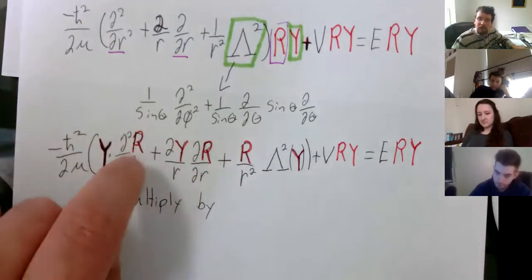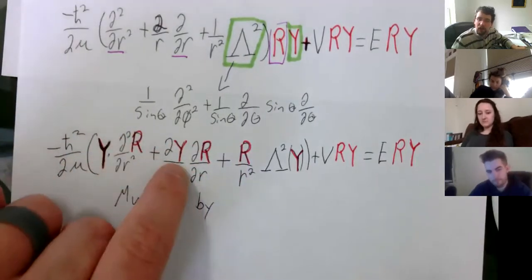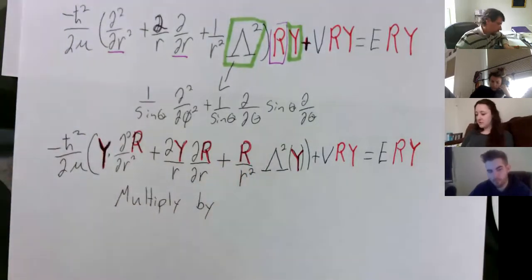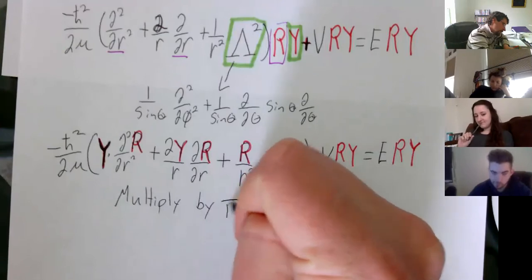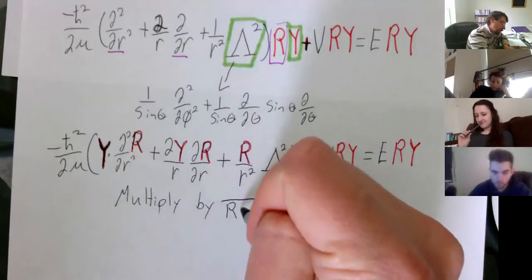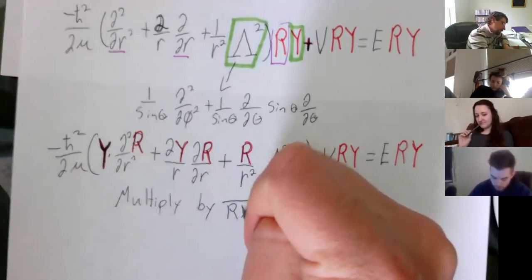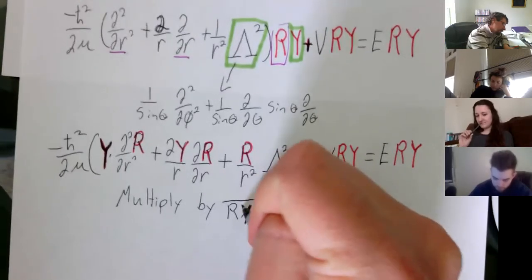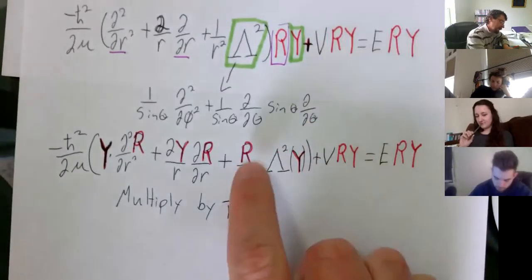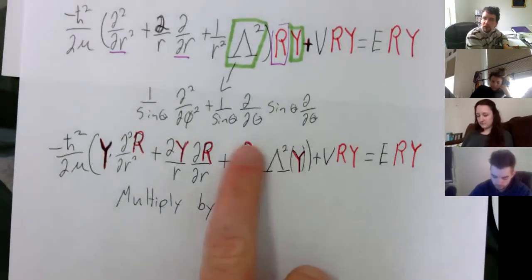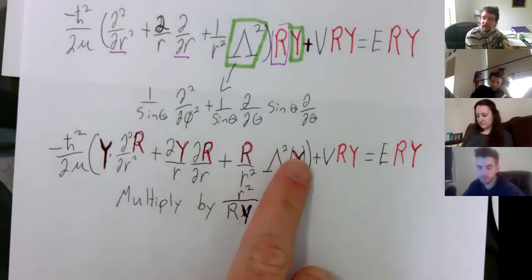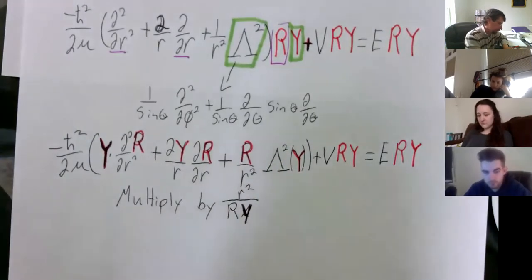So we have to have some common term to multiply all of these things by. R over y? Actually, ry. And we're going to throw in an r squared there just to get rid of that r squared, because we want this term completely dependent on the angular momentum part.